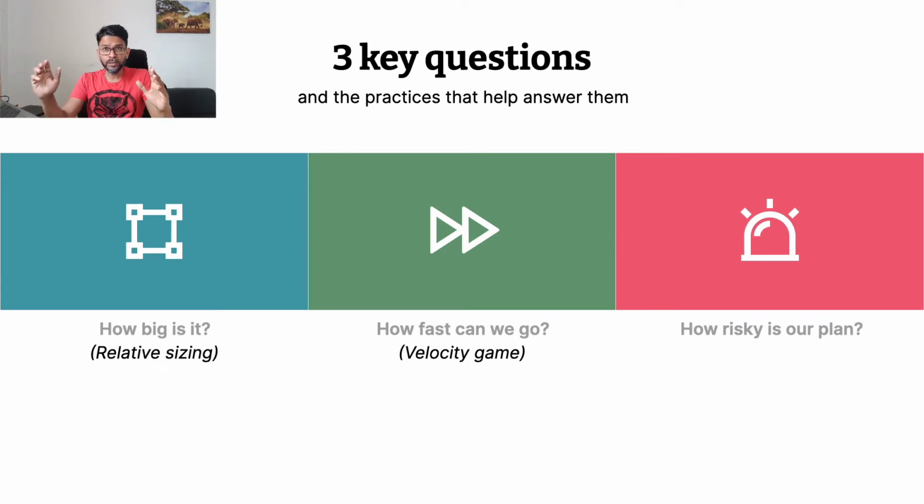And then last but not the least, there is that question of how risky things are. And for that, we do something that's not necessarily just an agile practice, it's a project management and planning practice, which is we add contingency based on our notion of risk. And so those three practices put together would form the scaffold of agile estimation and planning.